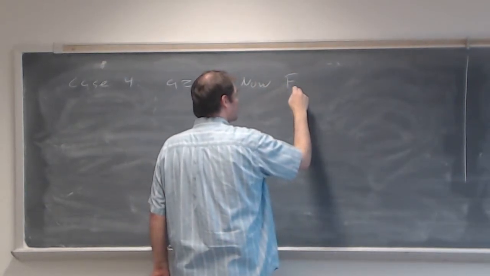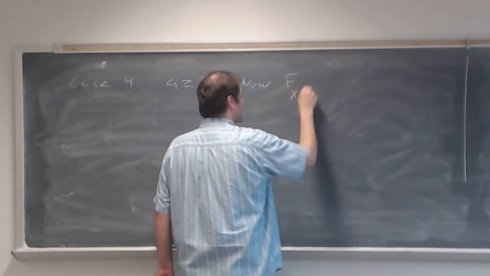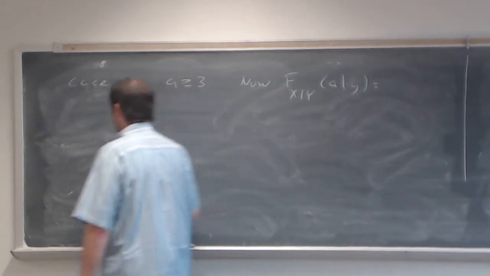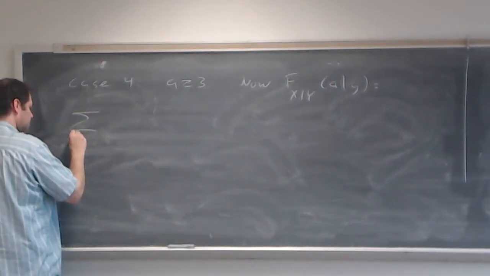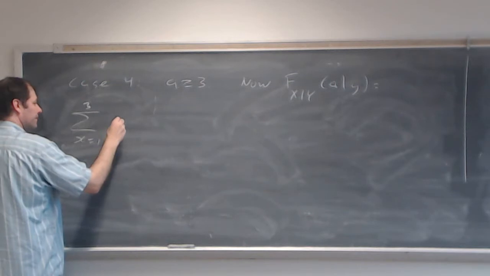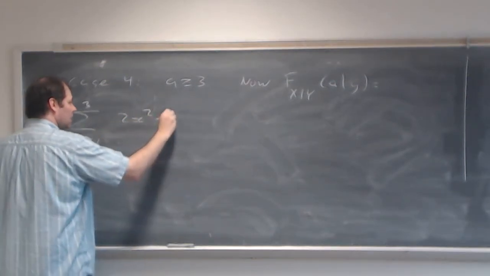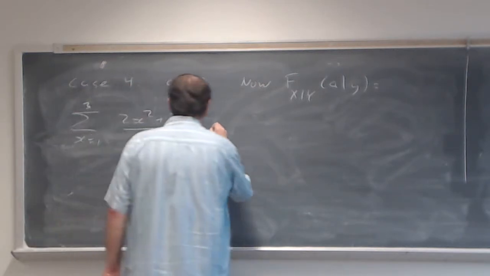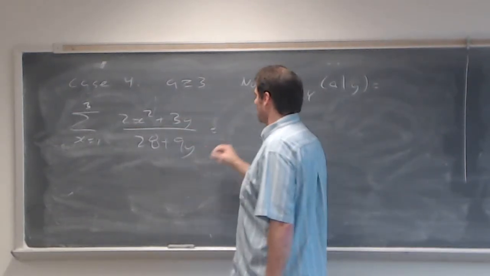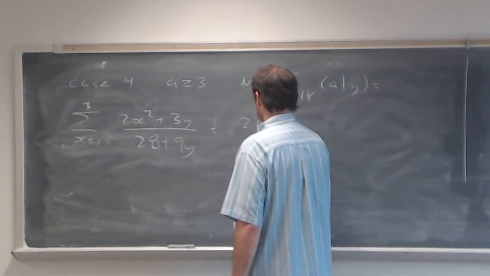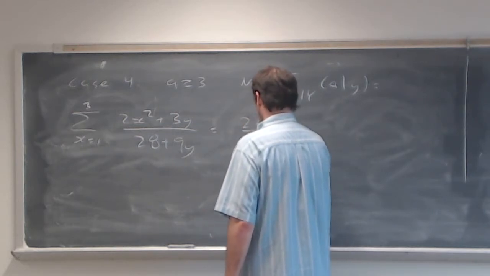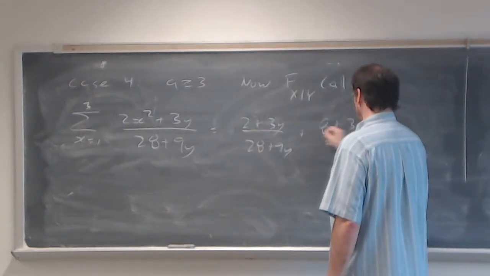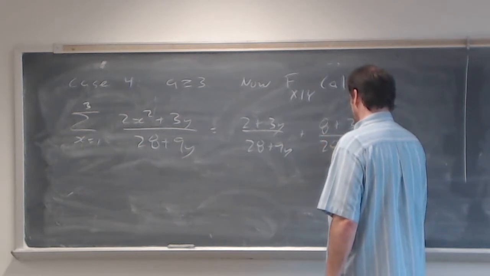Now, the conditional cumulative distribution function of X given Y of A given y will be equal to the sum as X runs from 1 to 3 of (2x squared plus 3y) over (28 plus 9y). So when X is 1, we have (2 plus 3y) over (28 plus 9y). When X is 2, we have (8 plus 3y) over (28 plus 9y).